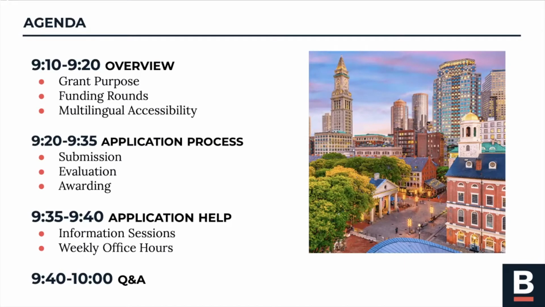And then we'll wrap up thinking about our application help, so our information sessions like today, and also weekly office hours. And then we've budgeted a pretty good amount of time for Q&A, which we'll jump into then.